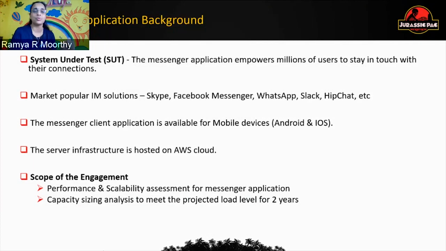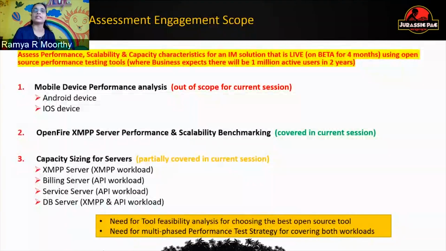As Hai was telling, from business NFRs to IT NFRs, some of the time the client will expect the performance engineering team to do that translation for them. The client was very clear on their business expectation, but not very clear on how it boils down to the IT NFRs from a technical standpoint. So this is what is actually expected from the engagement.